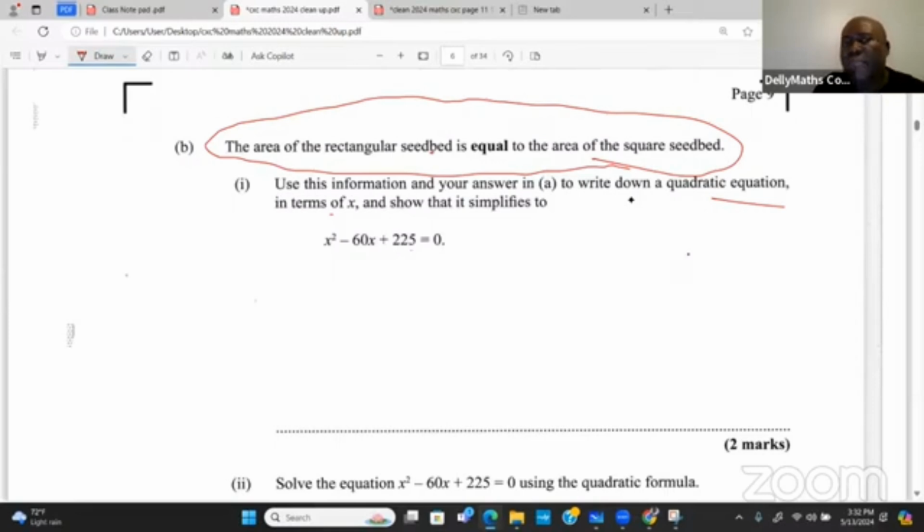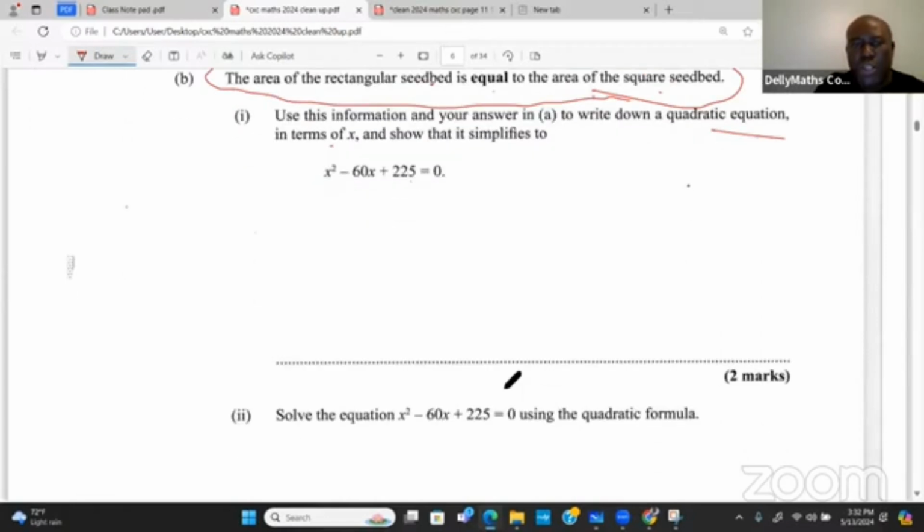So we're looking at the fact that the area of the rectangle seabed is equal to the area of the square. Both of them are equal. So what we can do is put all this together.